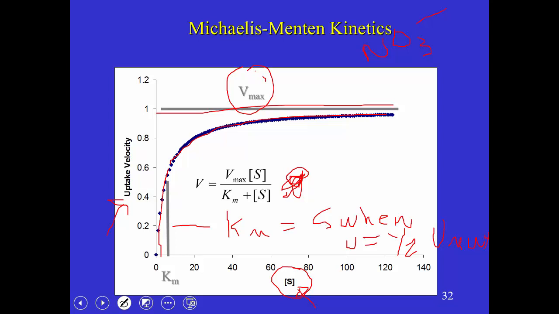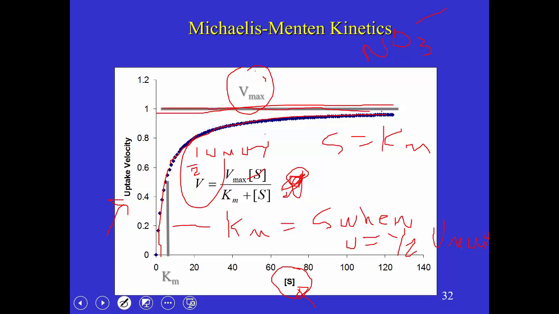You can mathematically prove that by putting in, instead of V, 1/2 of Vmax, and you'll prove that S will be equal to Km. That's one way to derive what Km means, which we won't go into in any more detail. But you do have to know that Km is equal to the substrate concentration when the velocity is 1/2 of Vmax. And that's illustrated here.